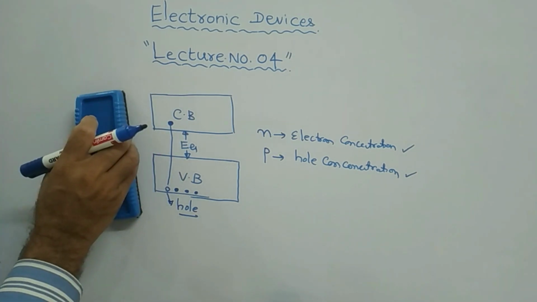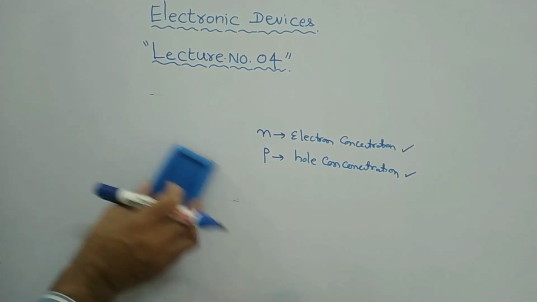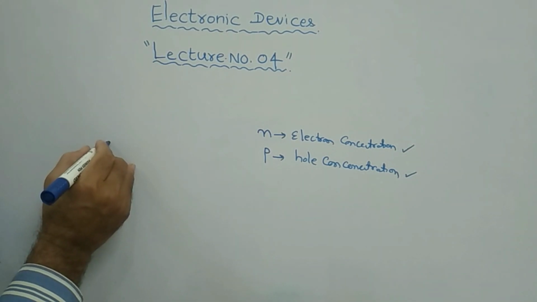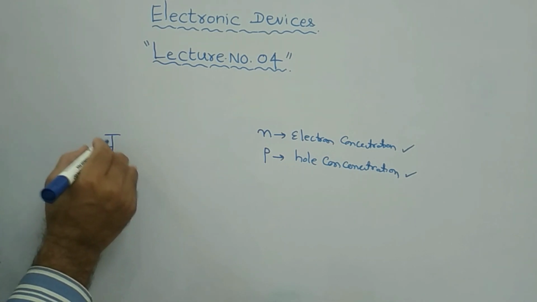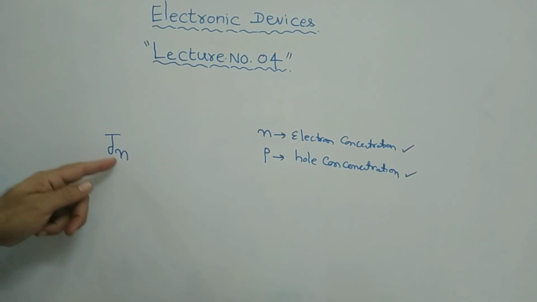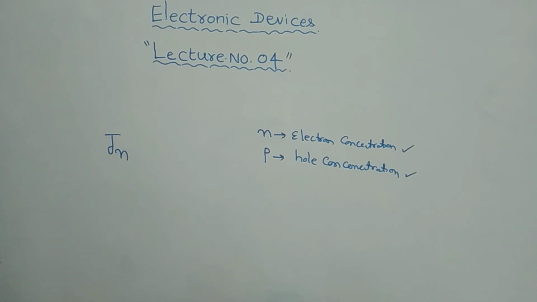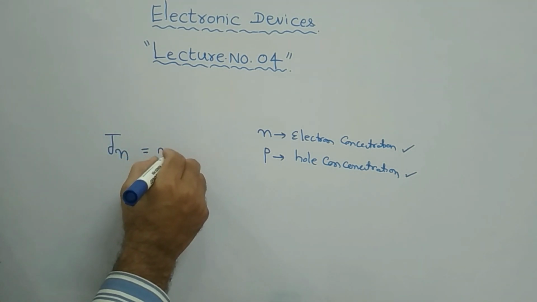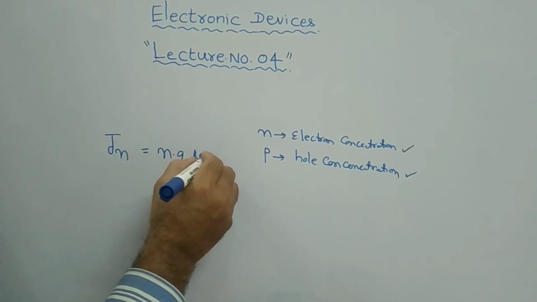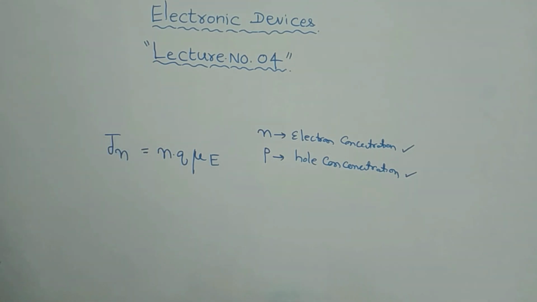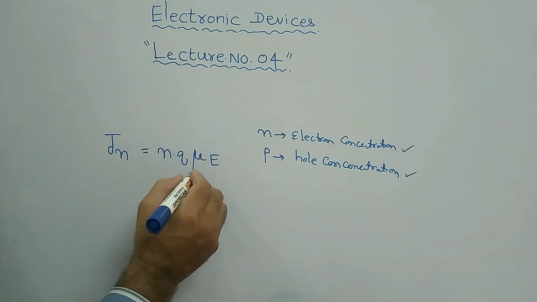If you consider the electron concentration, the current density is called the conduction current density with respect to N, so you must write J suffix N. J suffix N indicates the conduction current density with respect to electrons. The formula is the same as we have seen just previously: N into Q into mu into E, where N is the electron concentration, Q is the charge, and mu is the mobility.